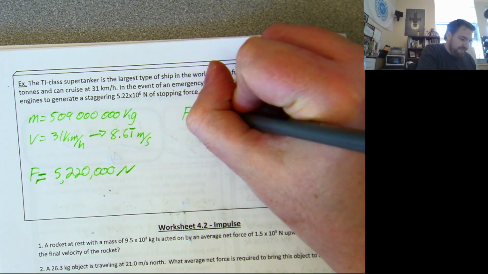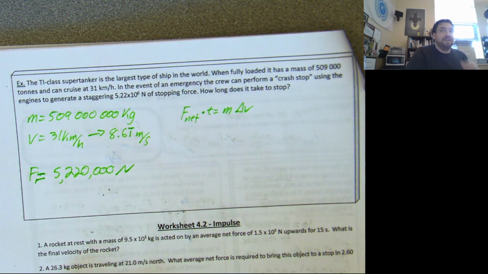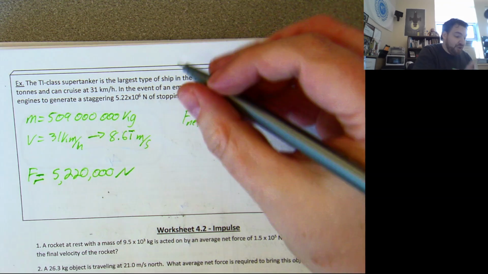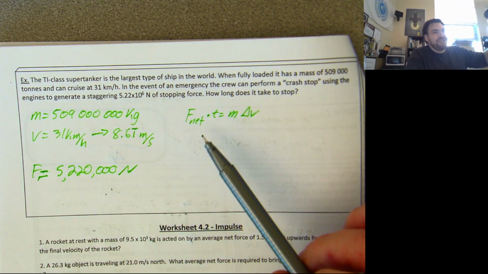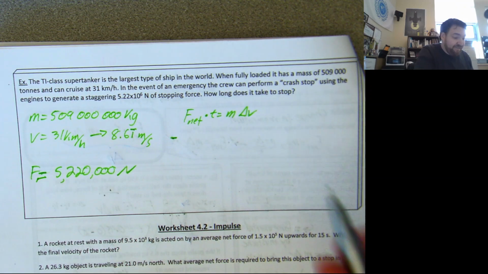Impulse equation. F net times the time equals your mass times the change in your velocity. We don't have to use dynamics and kinematics anymore. We can use impulse. So the net force is acting against the ship, so it's going to enter this impulse equation as a negative value.